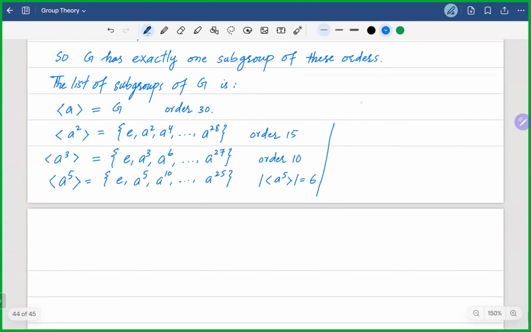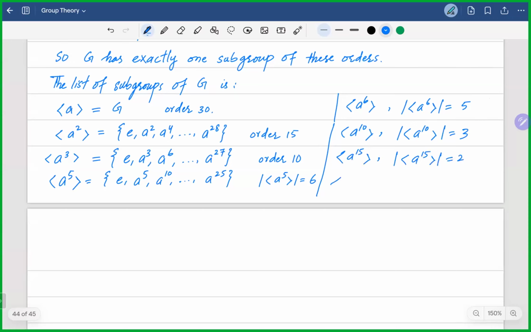The list will have A power 6 with order equal to 5, A power 10 with order equal to 3, A power 15 with order equal to 2, and A power 30 itself, which is just the set with the identity element, so it has order 1.